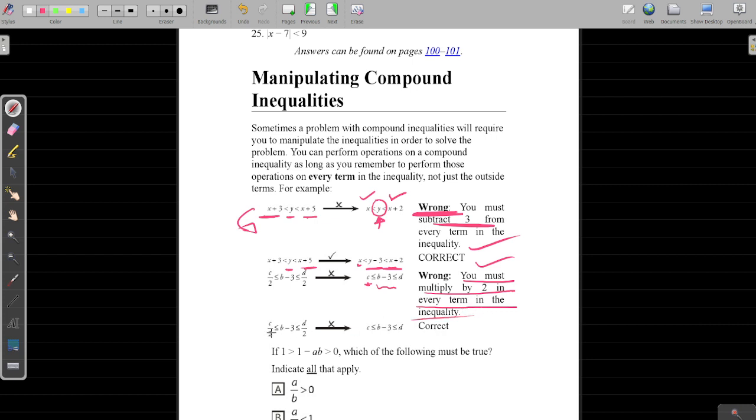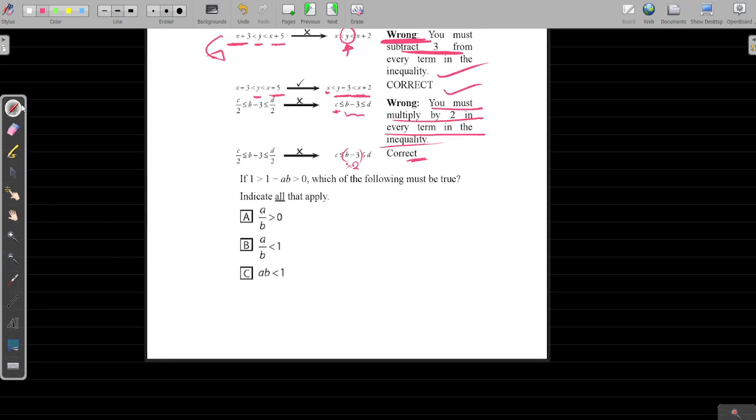So c by 2, again the same thing, but you need to multiply this one with which term? 2. I think they have written it correctly, but they have forgotten to multiply this one with 2. So our answer will be c less than or equal to 2 multiplied by b minus 3 less than or equal to d. Okay, now let us do this one.